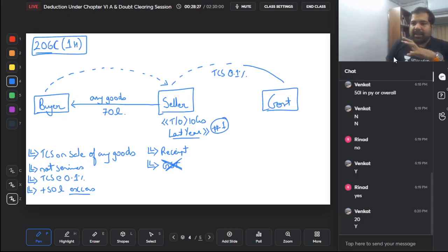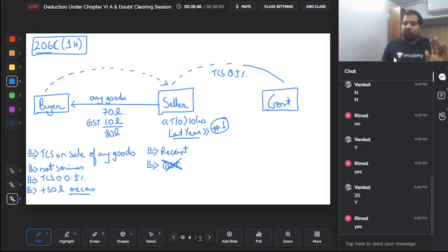I know GST is a different rate and all, but I'm going to assume 10 lakh rupees GST here, just for a round figure. So totally how much are you going to collect from him? Overall 80 lakhs you're going to collect from him.